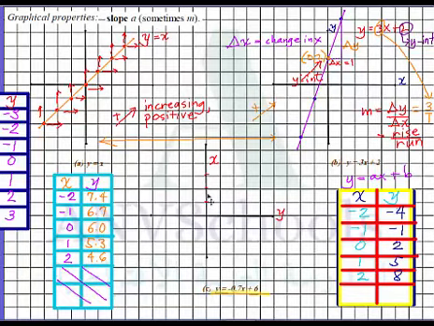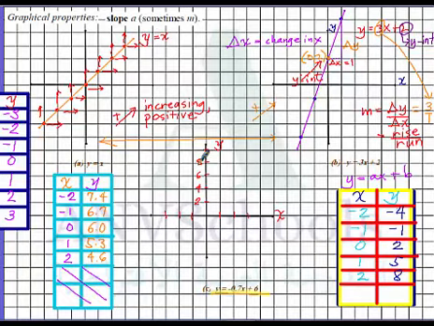Let me adjust this first. I think I messed up my x and y axis. So this is supposed to be the y axis. So this is our y and this is our x. All the units that you see on the x-axis are normal, they are by 1 unit. But on the y-axis, they are adjusted to scales of 2.